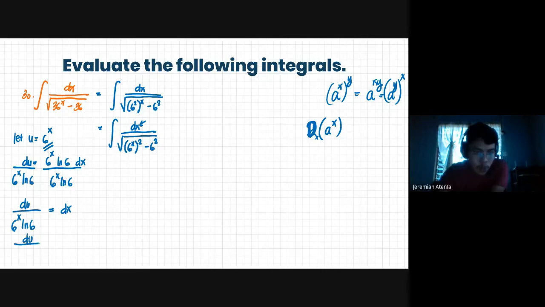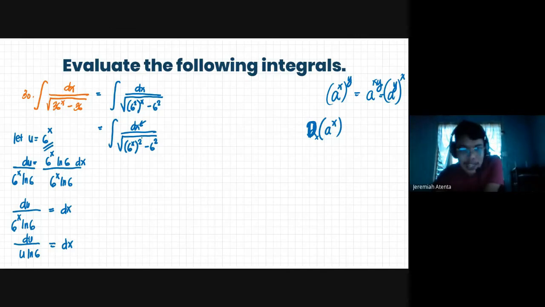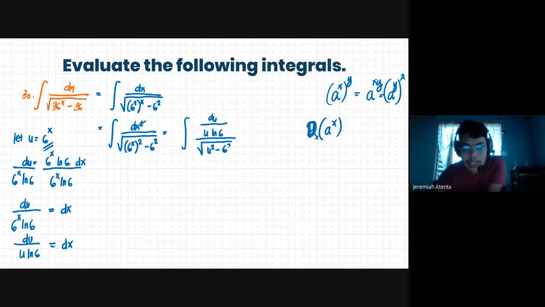So I can rewrite this as du over u ln 6 equal to dx. Okay? So from that, I will have the integral of dx is just du over u ln 6 over square root of 6 raised to x is just u squared minus 6 squared.